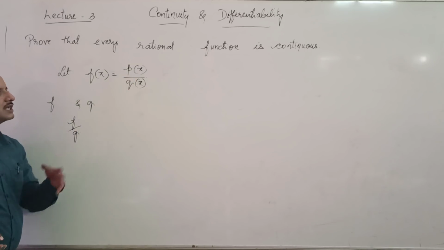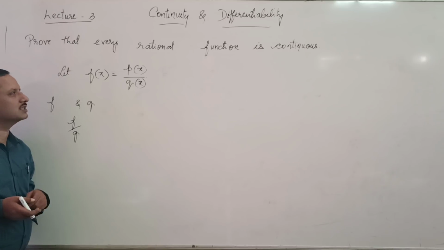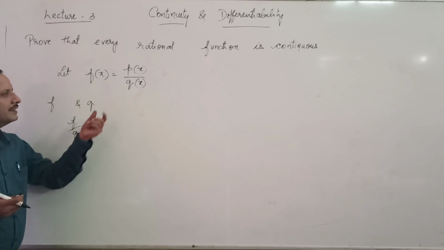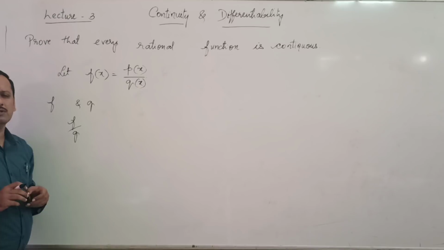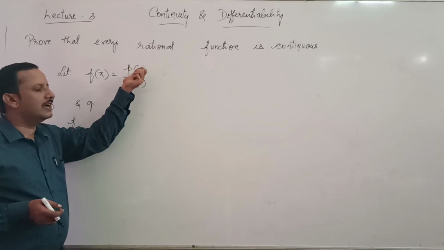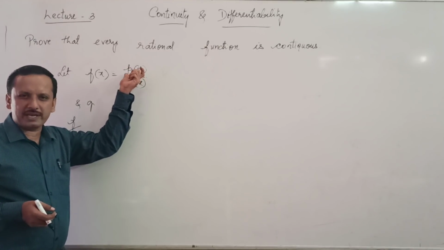So p of x is continuous, q of x is continuous. Therefore, p of x divided by q of x is continuous wherever the denominator is not equal to 0. So hence, we can say that this f of x is a continuous function. So here, what we need to write is that p is continuous, being a polynomial function.